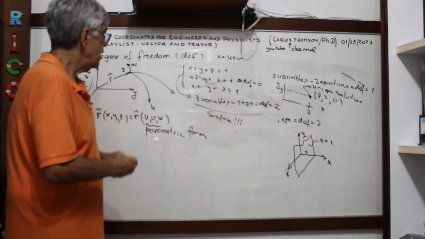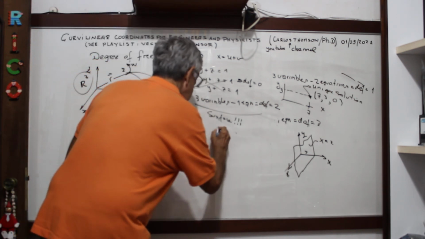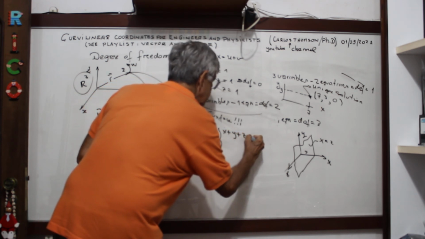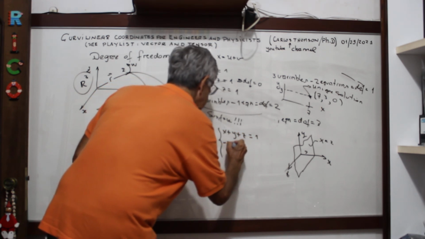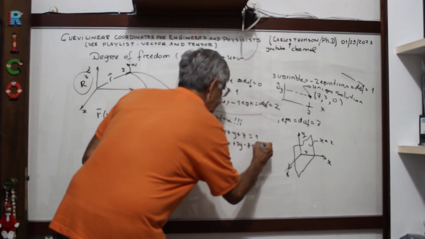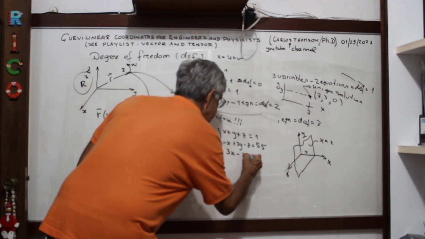Be careful. Now, suppose, in this example here, I have x plus y plus z is equal to 1, minus x plus 2y minus z is equal to 55, okay? And 3x minus z is equal to 0.